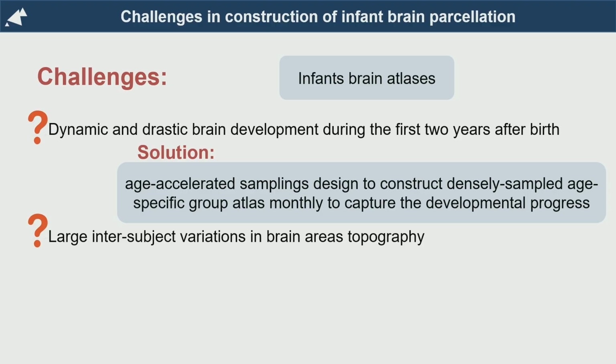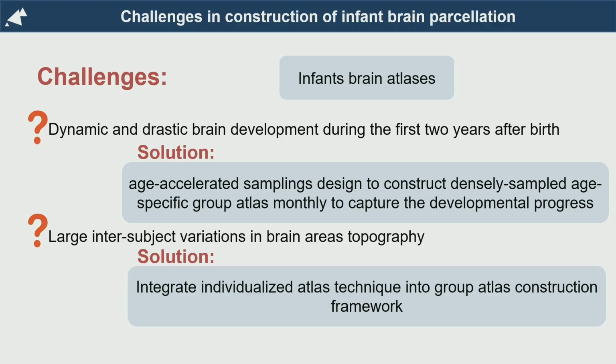For the first challenge, to highlight the rapid development in early infancy, we adopt an age-accelerated sampling design to construct densely sampled age-specific group atlases monthly to capture the developmental progress. For the second challenge, we integrate individualized atlas technique into the group atlas construction framework.